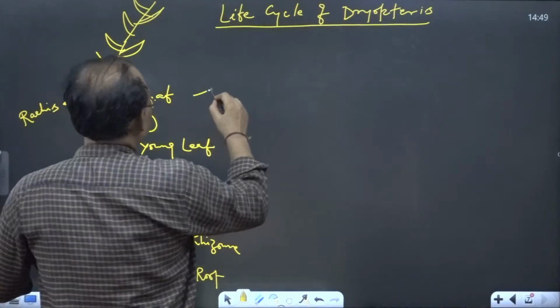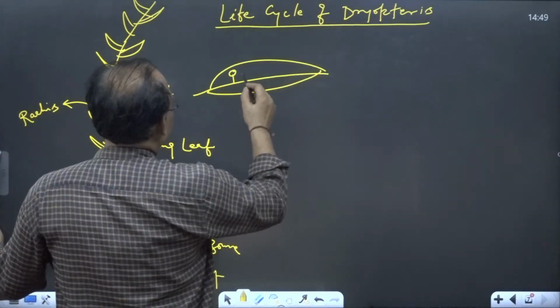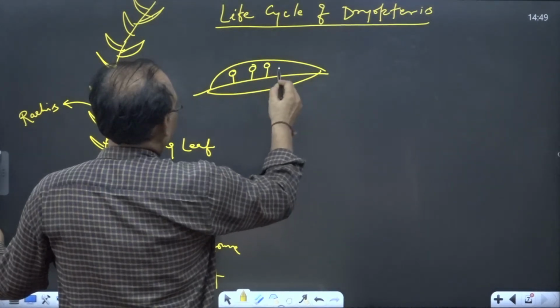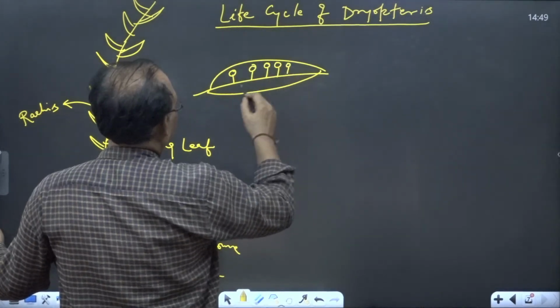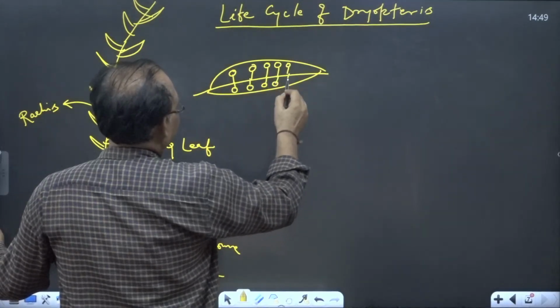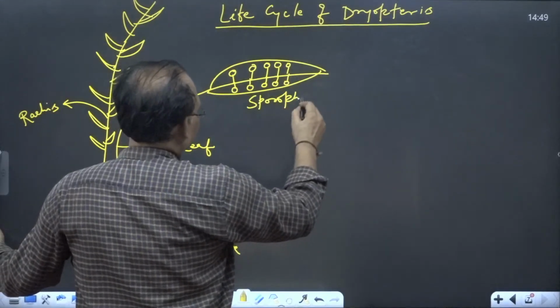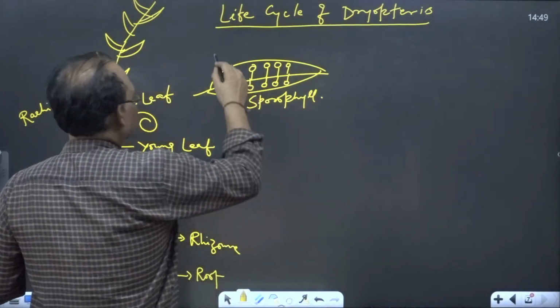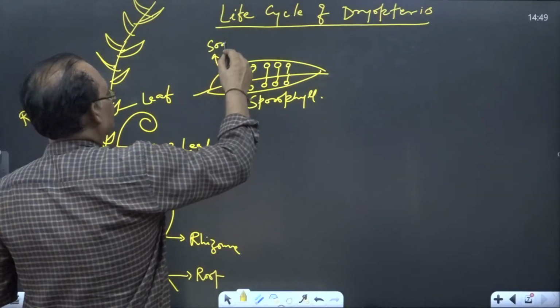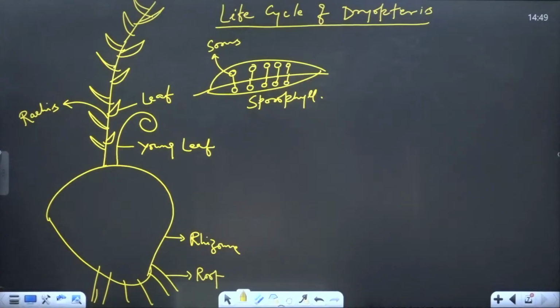As I told you, this leaf contains sorus on the under surface. So this structure is called sporophyll, because the sorus contains sporangium, right?